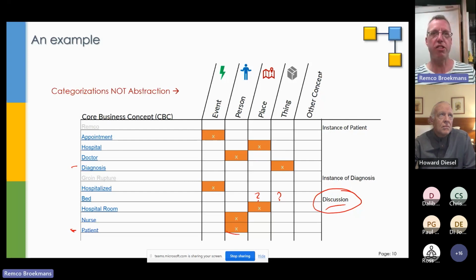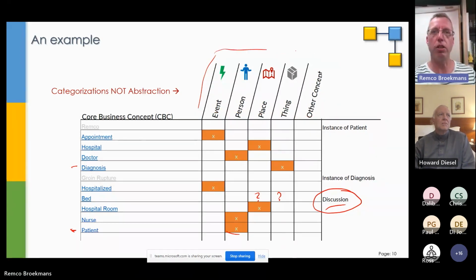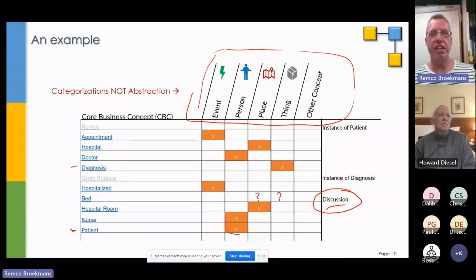Most important thing is that what we do in modeling for data vault, going a little bit lower, it is not abstraction of all the terminology. So don't think that we can use abstraction levels, but they're categorizations. We are going to categorize.